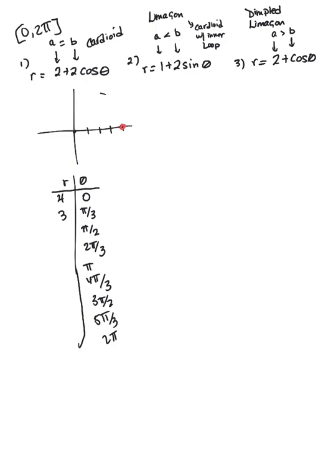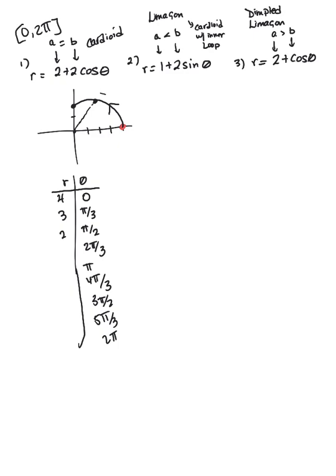Okay, but pi over 3 is all the way up here, kids. So you'd have to go out a distance of 3. Pi over 2, you get 0 for cosine, so this is just 2. So you're just going to go up 2. So you can see it's heading this way.